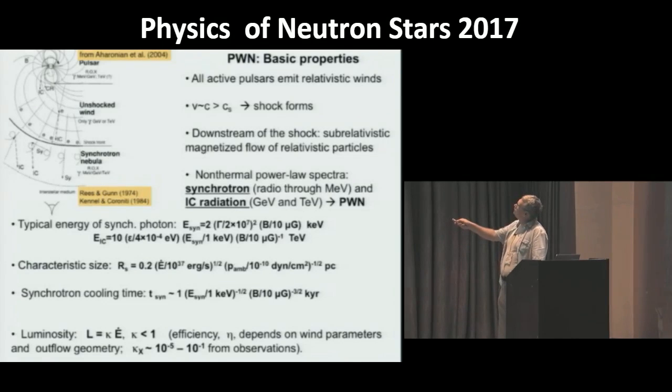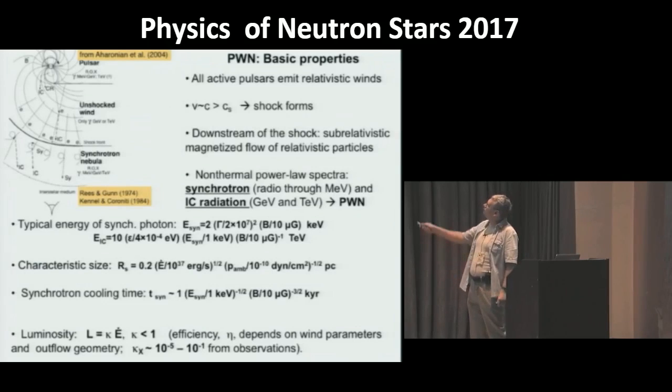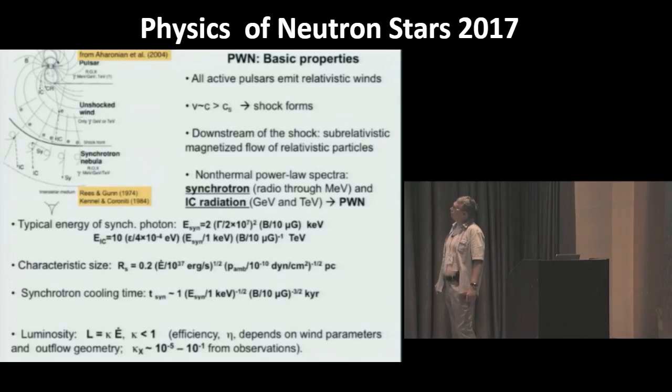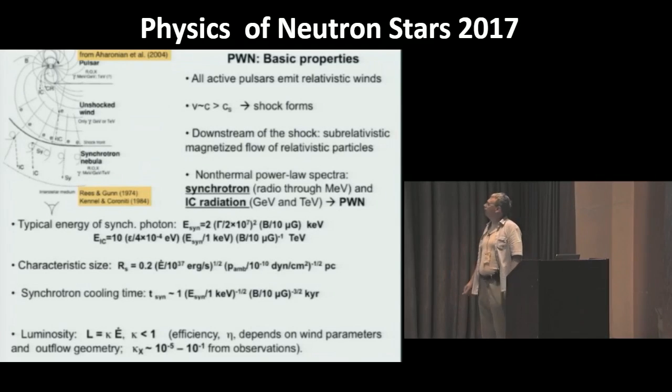So it goes through this termination shock, after which there is another region which is actually the visible nebula. That's what we really refer to as a pulsar wind nebula, the synchrotron nebula over here, where the motion of particles becomes randomized, and as recent 3D simulations show, the magnetic field possibly becomes somewhat turbulent as well.